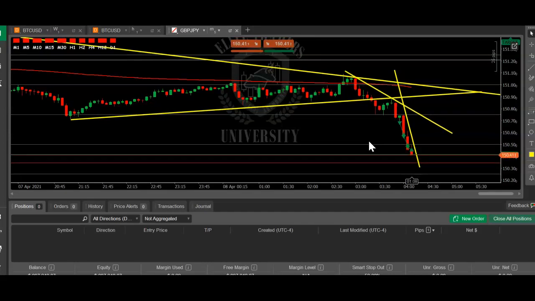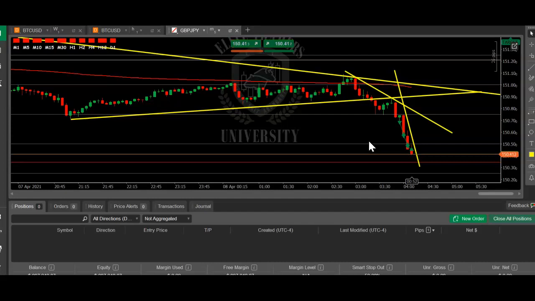And so what we're looking at is a counter trend rally, maybe a move back up to the 151.10, 151.20 area, and we took some gains already.